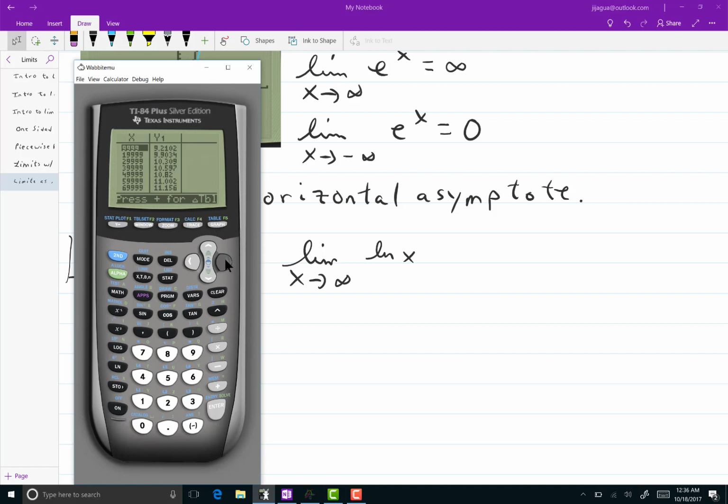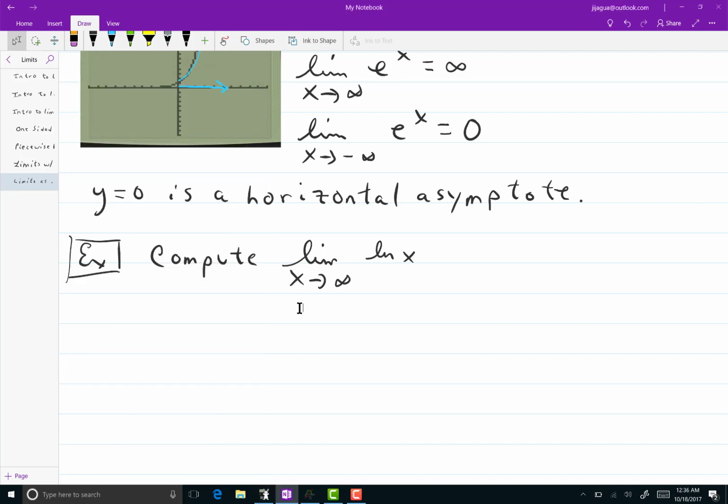For 9,999, my y value is 9.2. I'll scroll down here. 11, 12. These numbers are not huge at all. I mean, the x values are giant. What do we got? 369,000, and the y value wasn't even 100 yet.